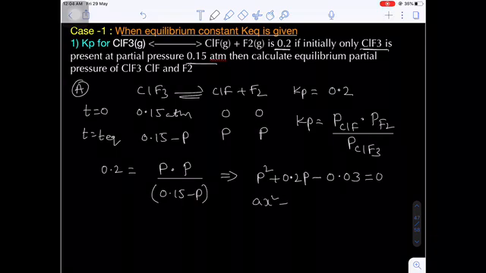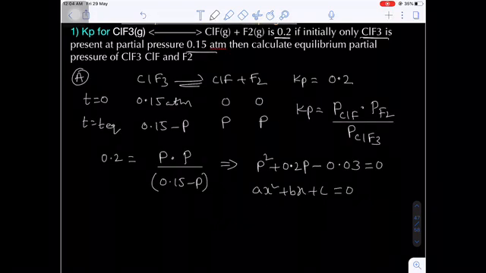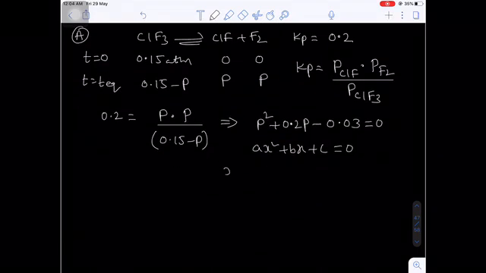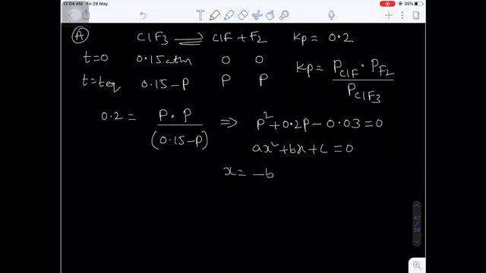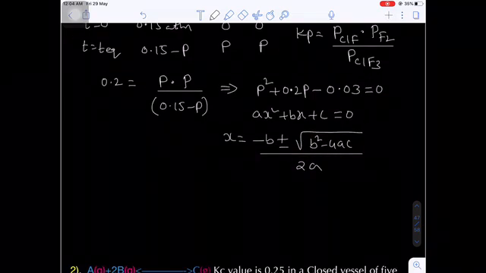Do you know ax square plus bx plus c equal to 0 is a quadratic expression having the roots x equal to minus b plus or minus under root of b square minus 4ac, whole divided by 2a. Now I am solving for the root, that is the P value.